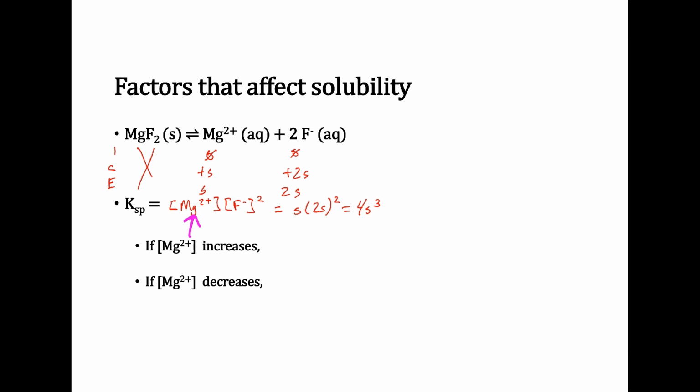So now, if we're increasing that, that means that Q is going to be greater than K, because we're increasing the concentration of a product. Which means, if Q is greater than K, the reaction is going to shift back towards the reactants. So that means the solubility decreases.